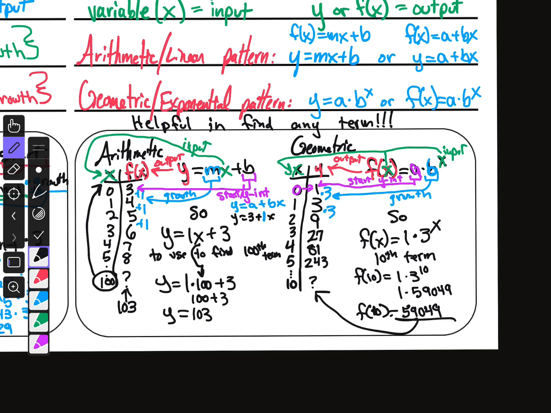Again, if I was using recursive, I'd have to go a piece at a time till I got there, which sometimes, especially with geometric, is kind of the route to go because it can be easier to deal with. All right? So, okay, awesome.